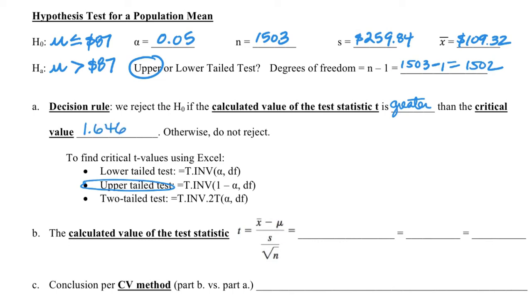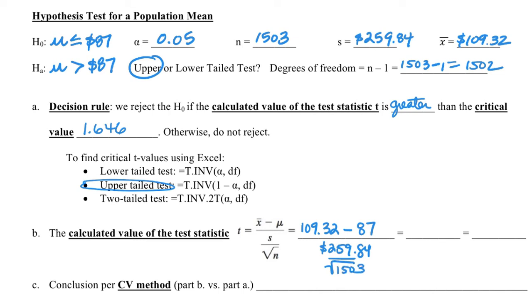Now I'll go ahead and calculate the value of my test statistic. So here's our formula. So my sample mean of 109.32 minus my hypothesized mean of $87 over my sample standard deviation of 259.84 divided by the square root of my n of 1503.